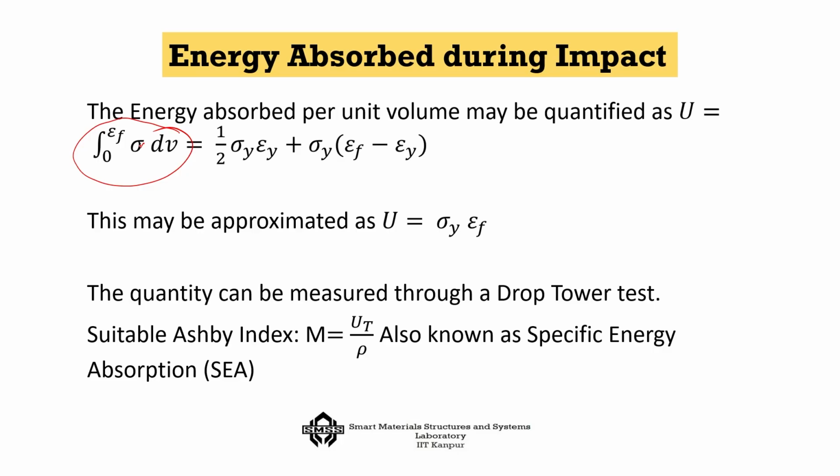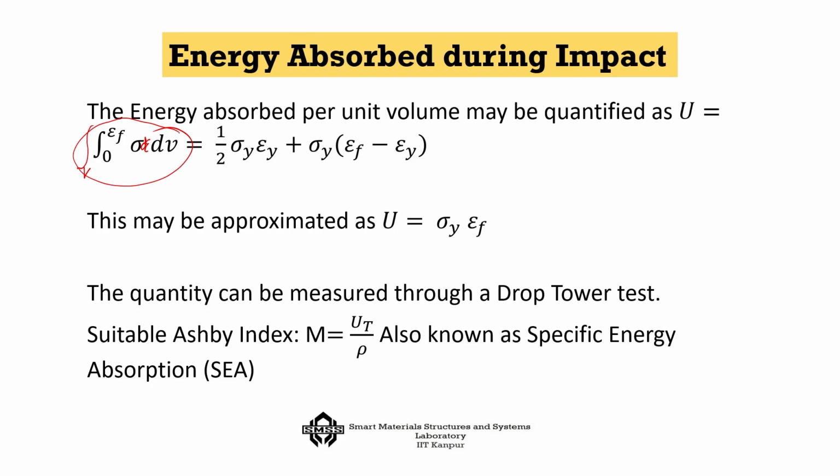So, we have to consider the area under the stress-strain curve, and we have to do that for the entire volume. So, we have to have epsilon here, and we have to have a volume integral of it.